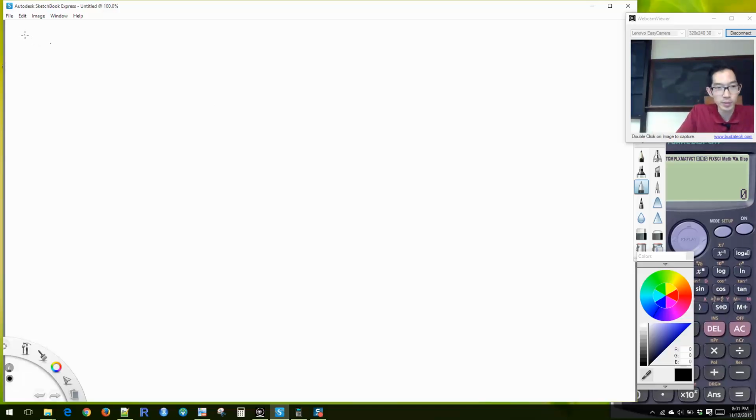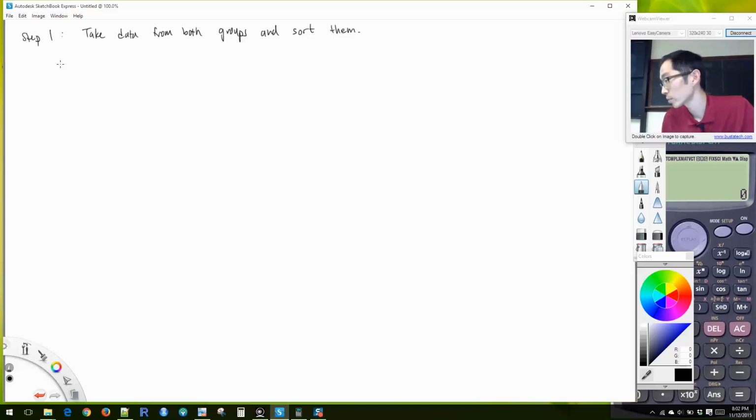Okay. So step 1 of the test is to take the data from both groups and sort them from least to greatest. Okay, so in our example, we're looking at data from the forest, and we are looking at soil respiration data.